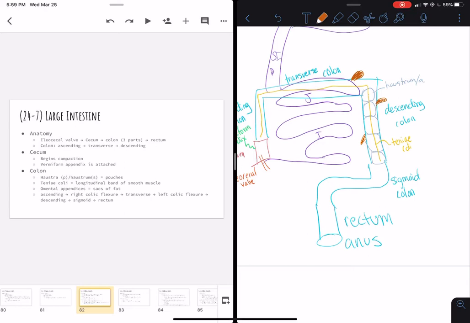But they can be really dangerous because sometimes these outpocketings can actually become diverticulum or diverticuli, which is an outpocketing of the intestinal wall. This is usually common whenever you're eating things like corn, which are really difficult for the digestive system to break apart.